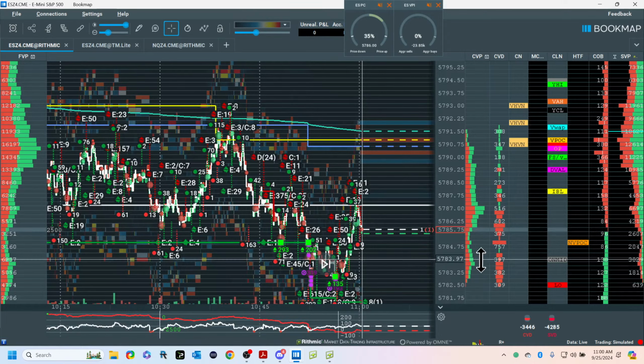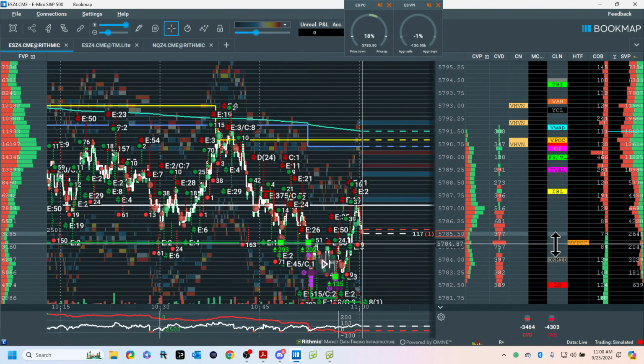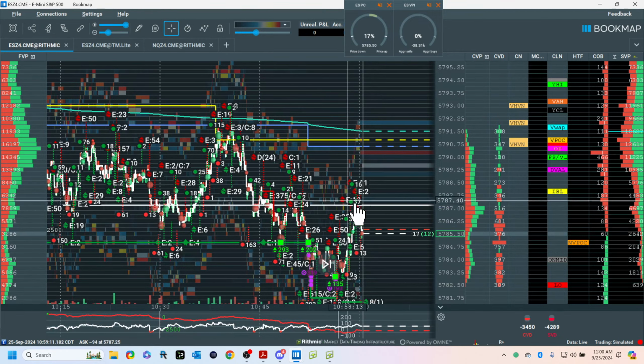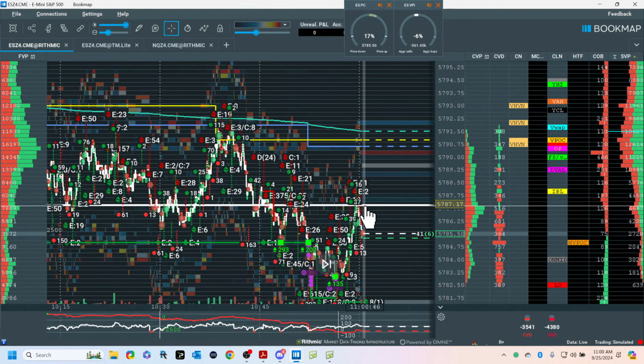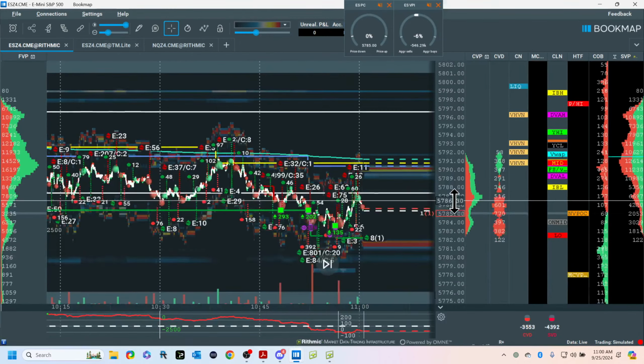At the moment, we are under this. So this is a very key level. If we can't get back above here, right here, then the possibility is to come there.